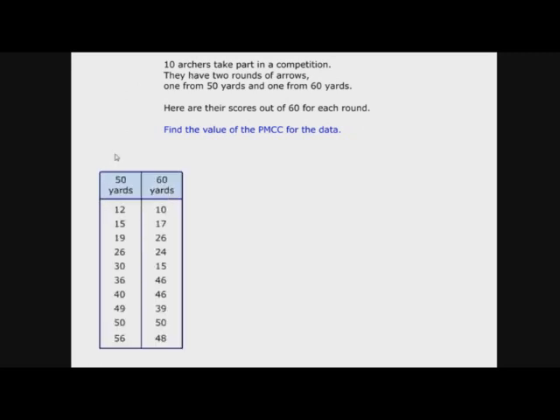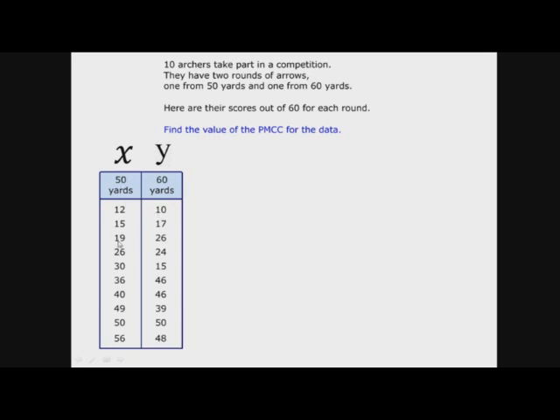And here's the table. To work it out, I'm gonna label one column X, this column X, and then this column right here, the 60 yards one, Y. And also, I'm gonna be making 3 extra columns to work out X squared, Y squared for all these values.